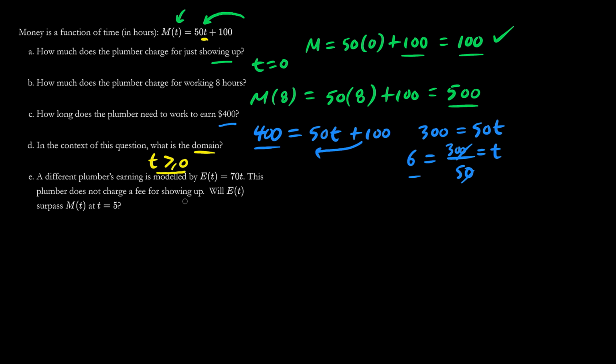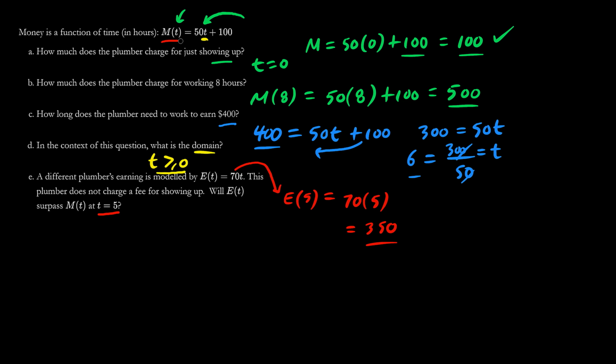So the final question here is comparing two plumbers. This plumber, E of t, is charging $70 per hour. At time equals 5, we're trying to see who's paid more. So this plumber E, at time equals 5, is going to charge $70 times 5 hours, which is $350.